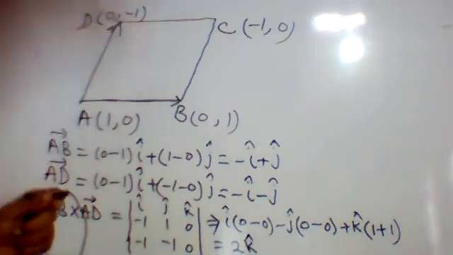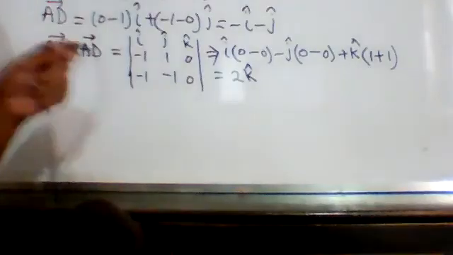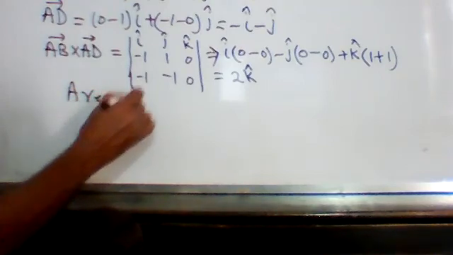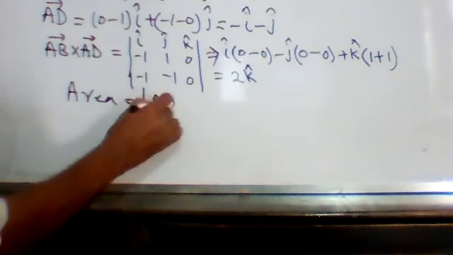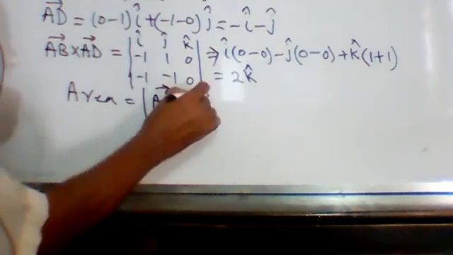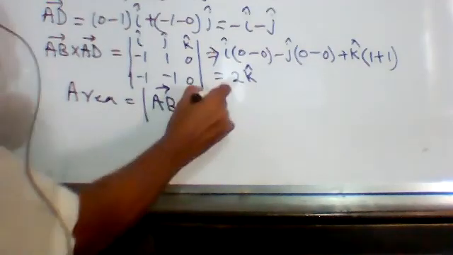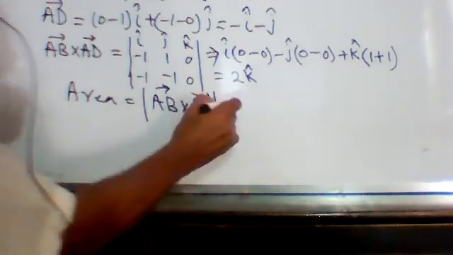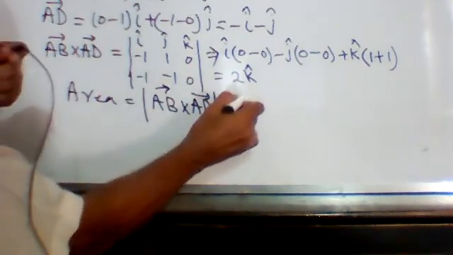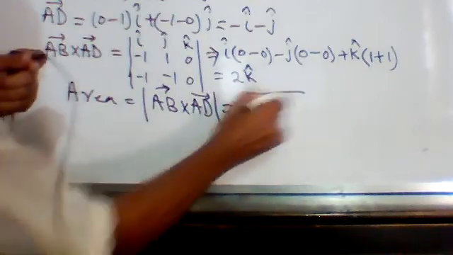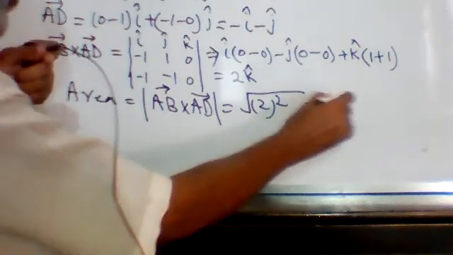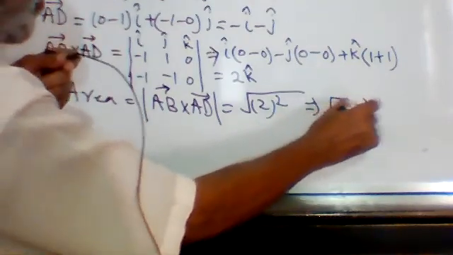Take the magnitude. Area will be the magnitude of AB cross AD. AB cross AD is 2k. Take the magnitude: under root of 2 squared equals under root 4, equal to 2.